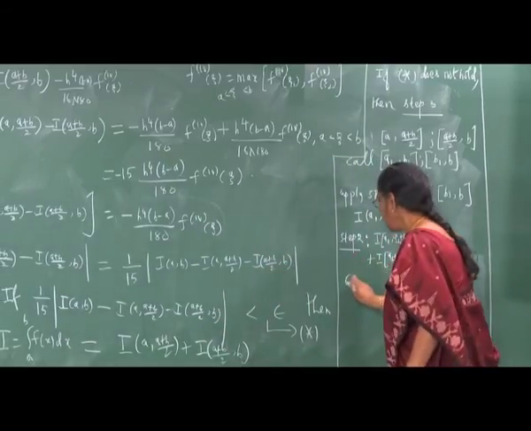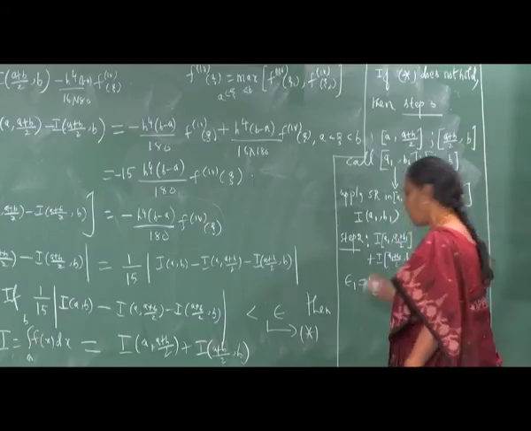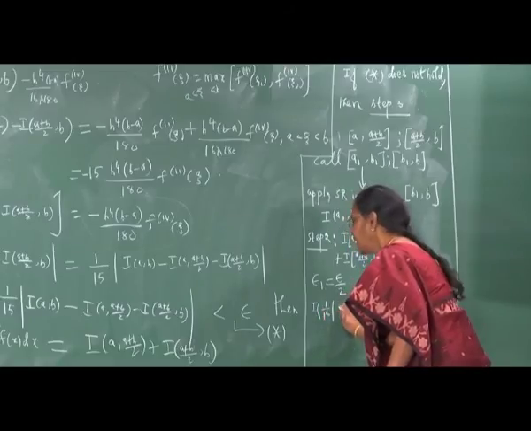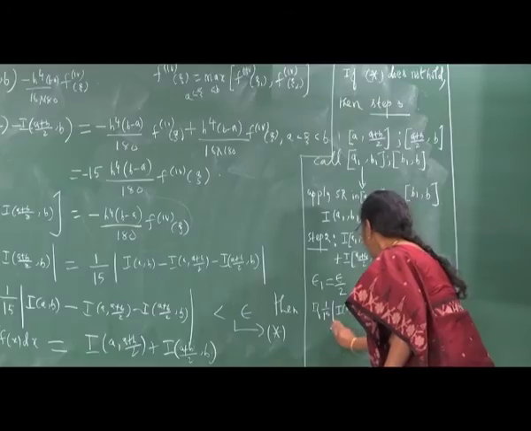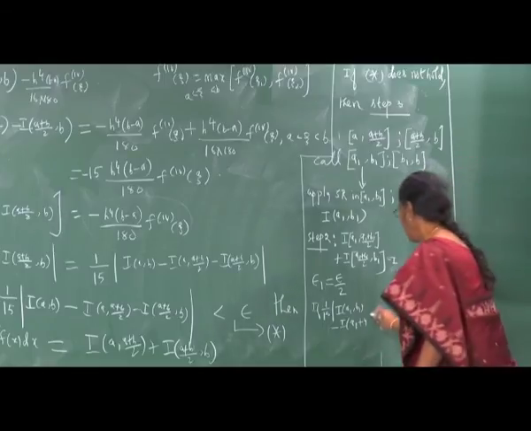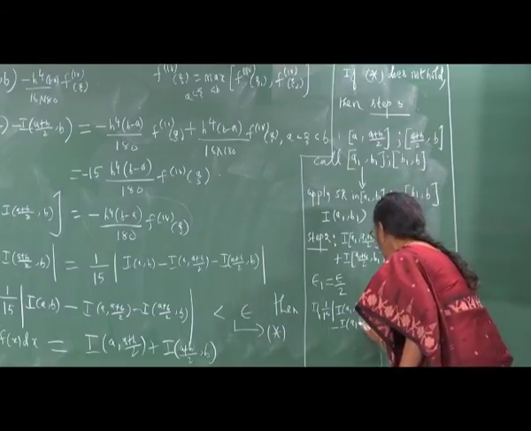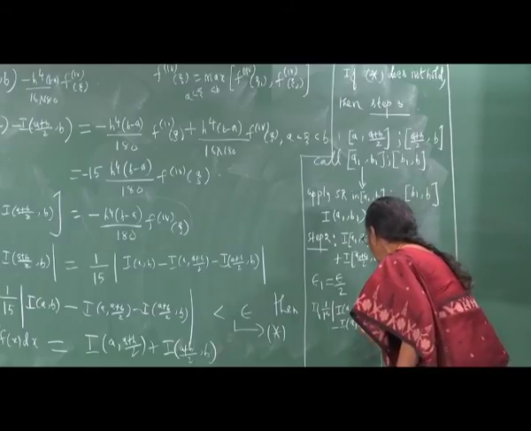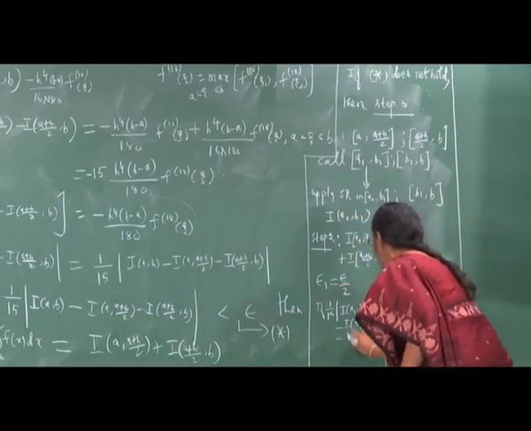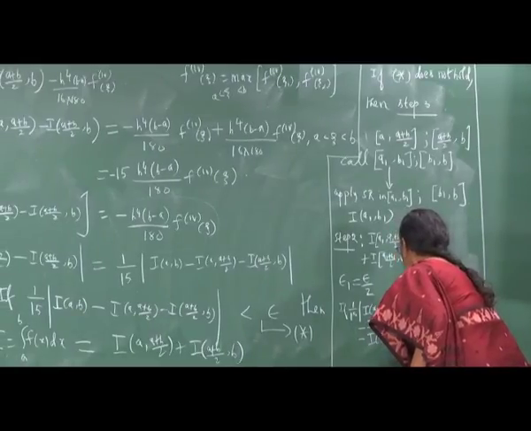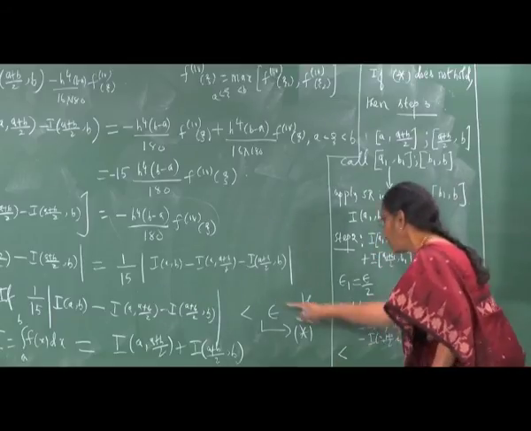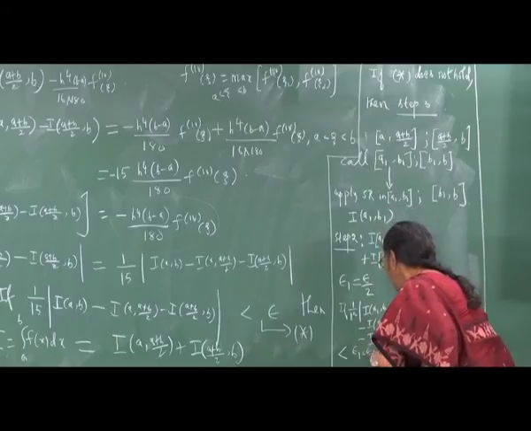So, take your epsilon, say as epsilon 1, which is epsilon by 2, and check if 1 by 15 of I of a1 b1 minus I of a1 comma a1 plus b1 by 2 minus I of a1 plus b1 by 2 comma b1, in absolute value is less than what? Epsilon 1, that is epsilon by 2.